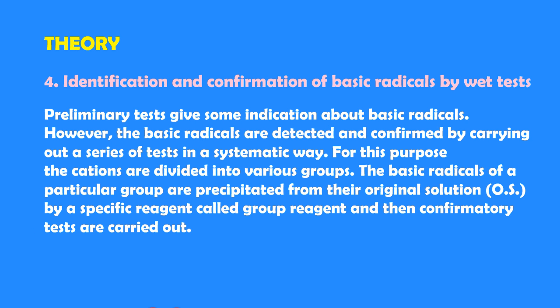Preliminary tests give some indication about basic radicals. However, the basic radicals are detected and confirmed by carrying out a series of tests in a systematic way. For this purpose, the cations are divided into various groups. The basic radicals of a particular group are precipitated from their original solution (OS) by a specific reagent called the group reagent, and then confirmatory tests are carried out.